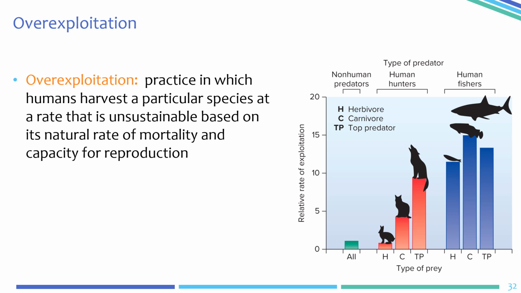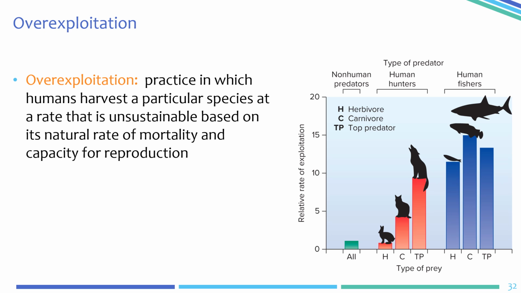the effect of humans on, the effect of non-human predators on natural populations. Natural carnivores and natural herbivores are relatively small compared to the effect of humans on these other food chain groups.